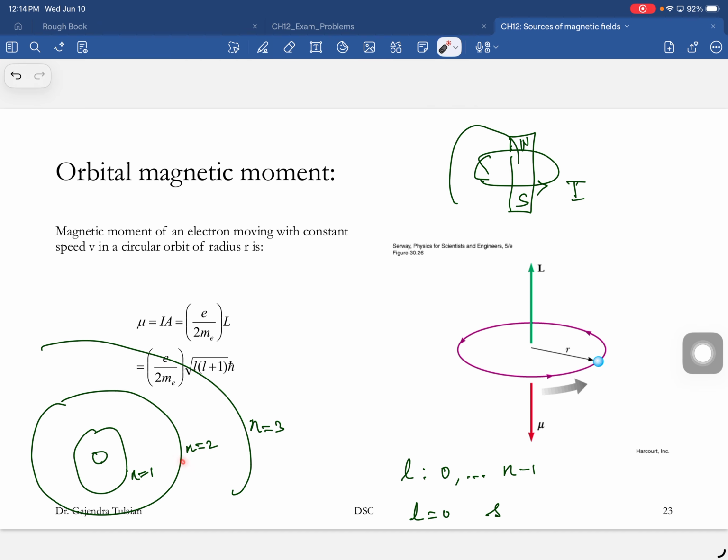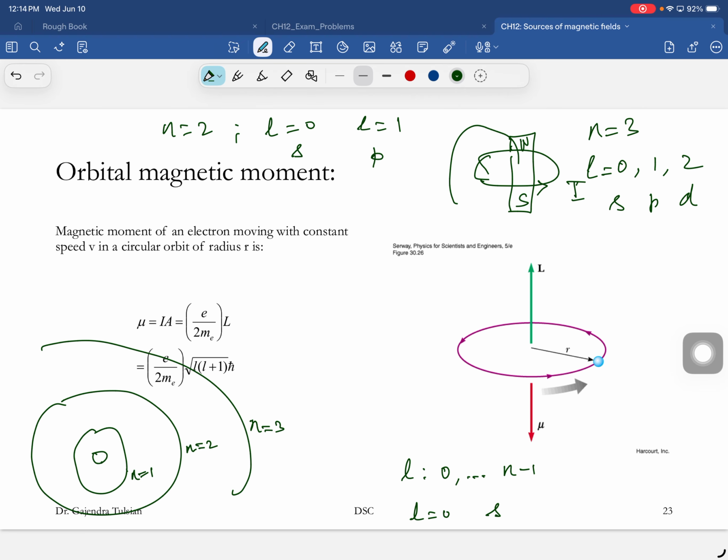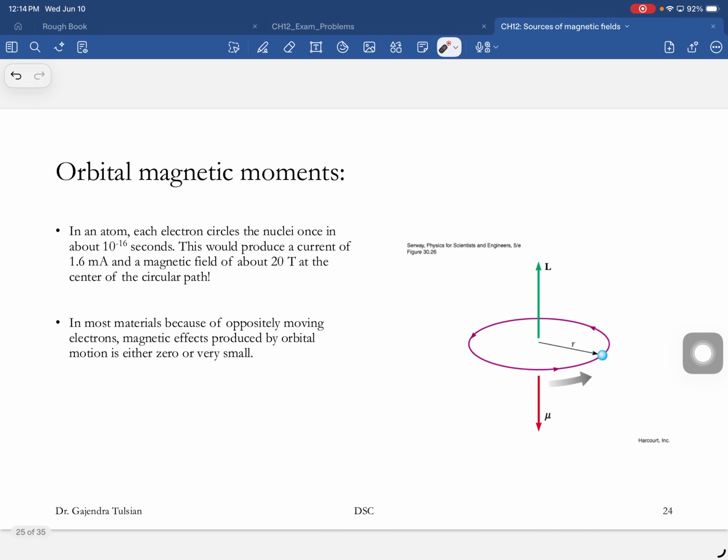For n equal to 2, L can be 0 and L can be 1. L equal to 0 is called the s orbital. What is L equal to 1 called? P orbital. There you go. For n equal to 3, what are the values L can take? S, P, D. All right, that's what they are. We're not going to worry about all of that.